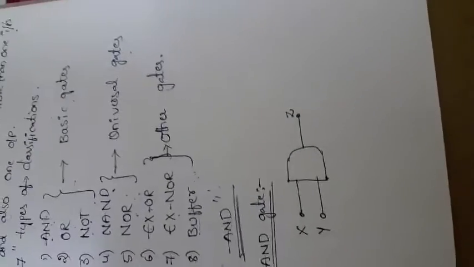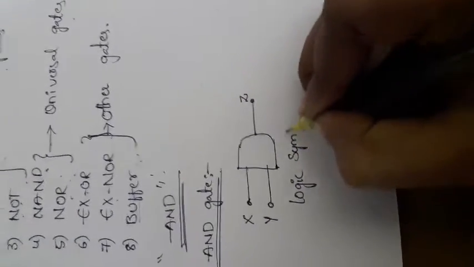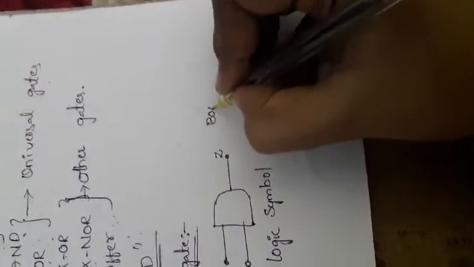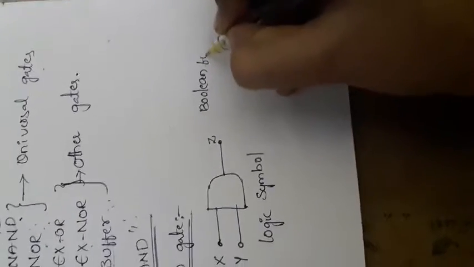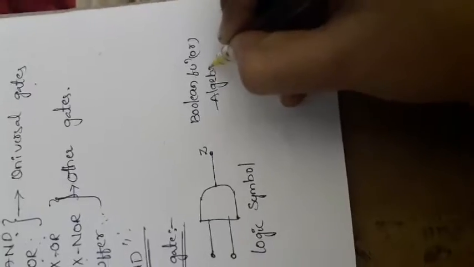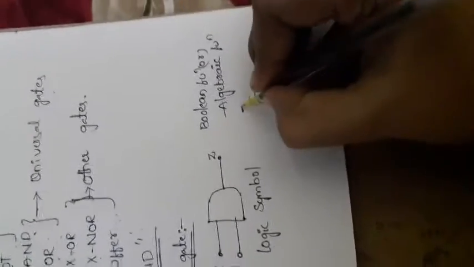Okay, so what is the function of the AND gate? This is the logic symbol. Now write the boolean function, that is the algebraic function, also called the output function.